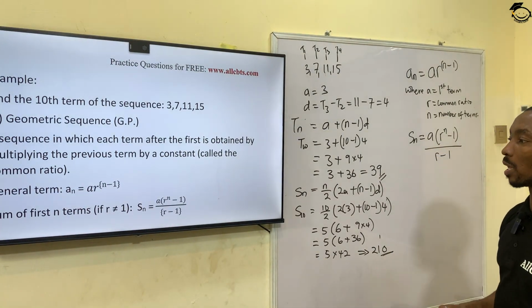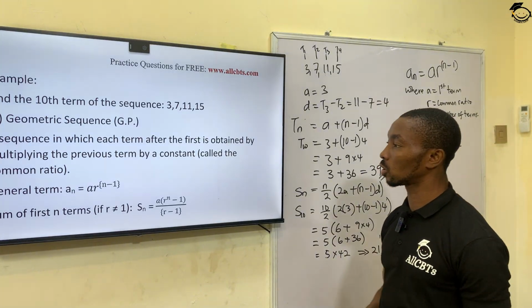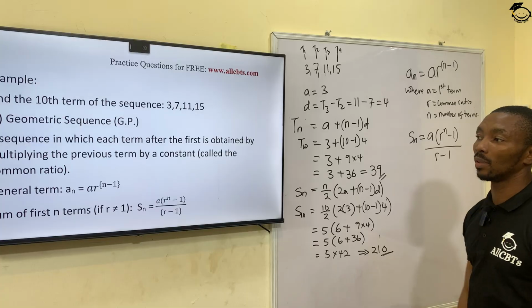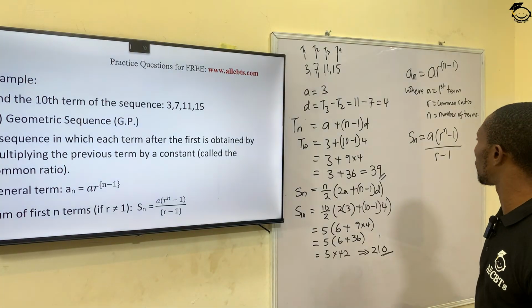As long as our common ratio is not 1, we'll be using this formula.